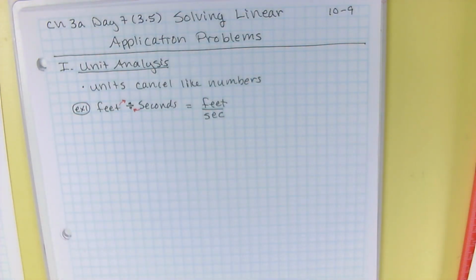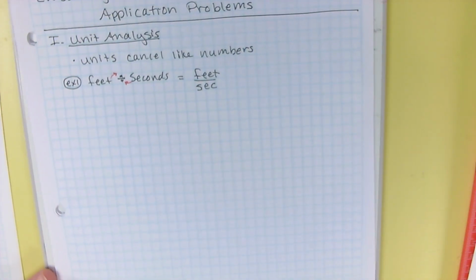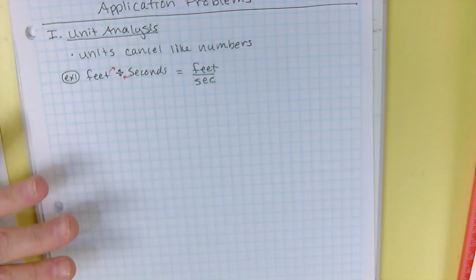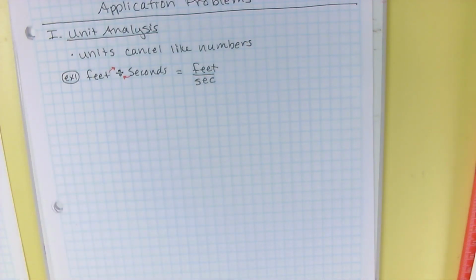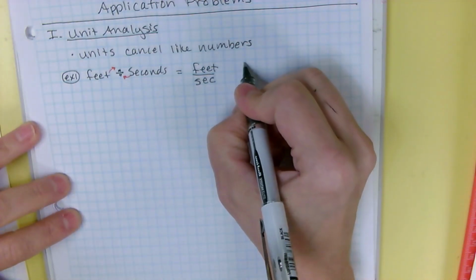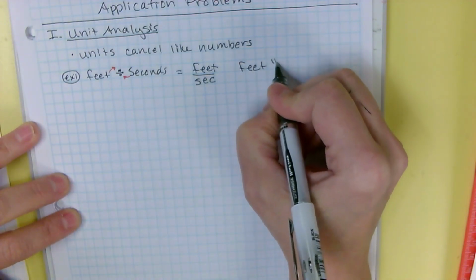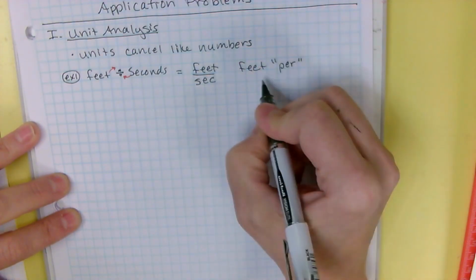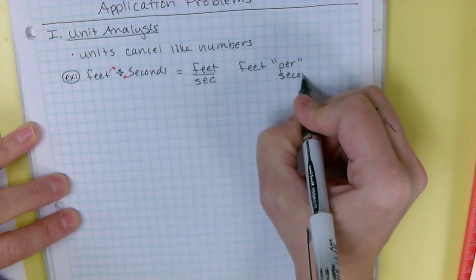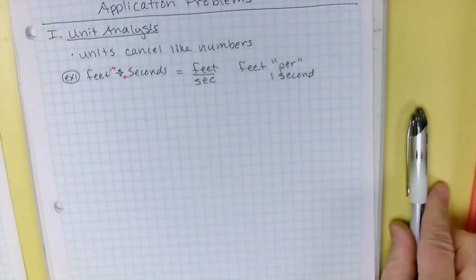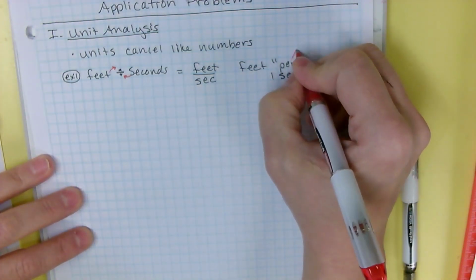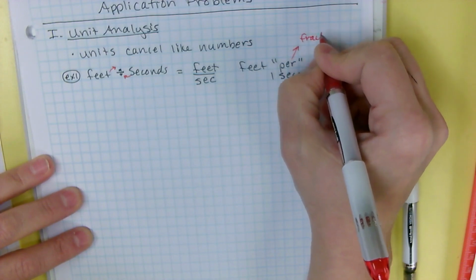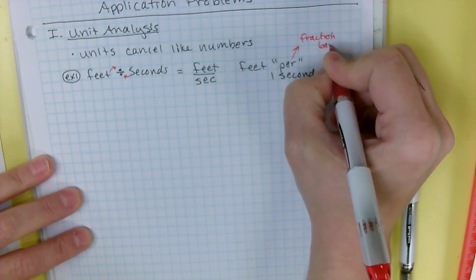When you have a unit with a fraction bar, the fraction bar is interpreted as per. So this would be interpreted as feet per second, or feet per 1 second. You can put a 1 in there, but again, the per comes from the fraction bar.